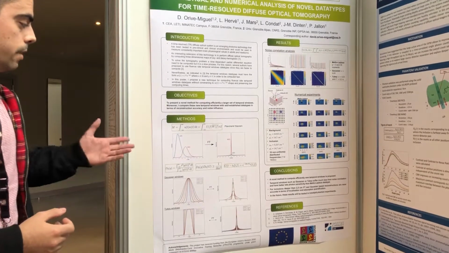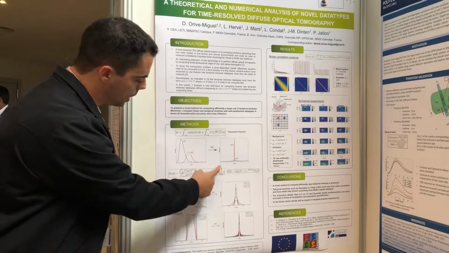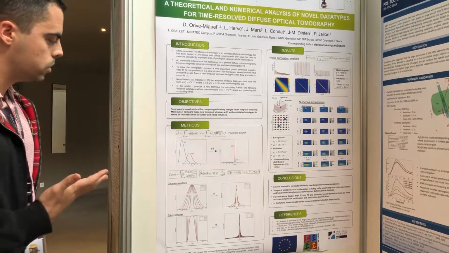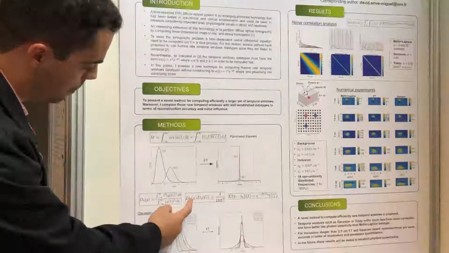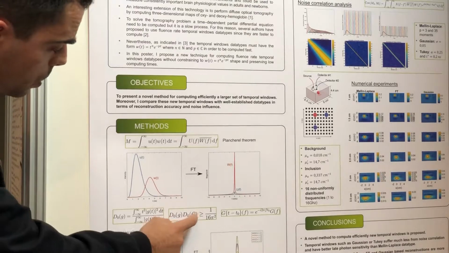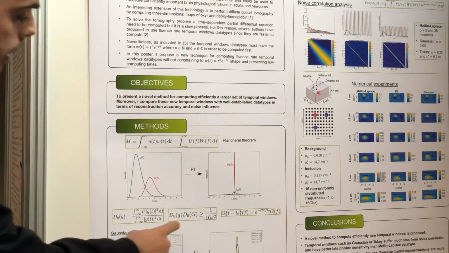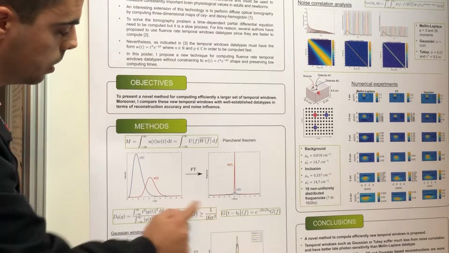And from Fourier theory, we have this inequality that maybe reminds you of the Heisenberg uncertainty principle from quantum physics. Here we have the dispersion in the time domain and also the dispersion in the frequency domain. We know that this has to be at least equal to or bigger than this value.